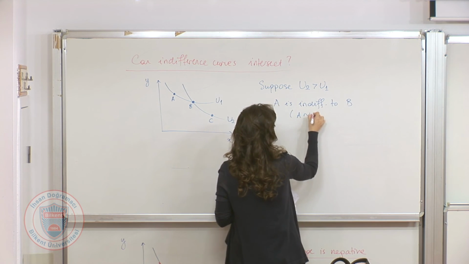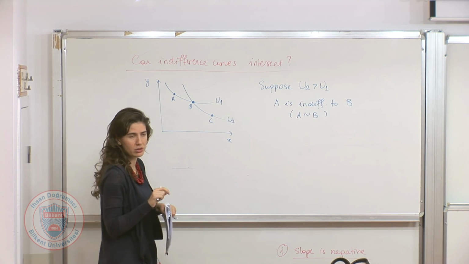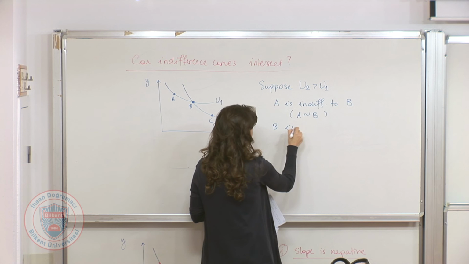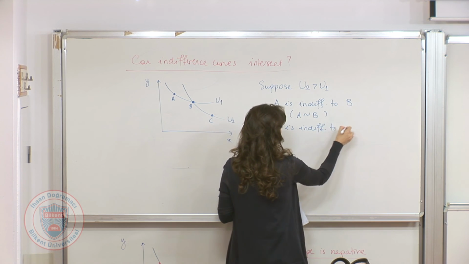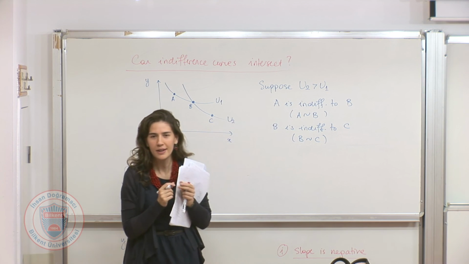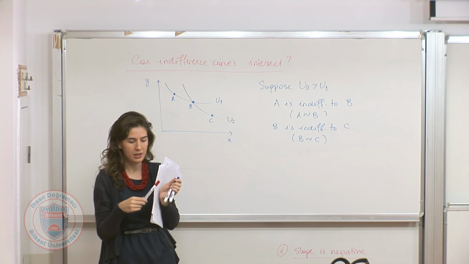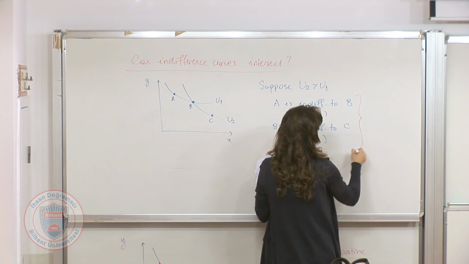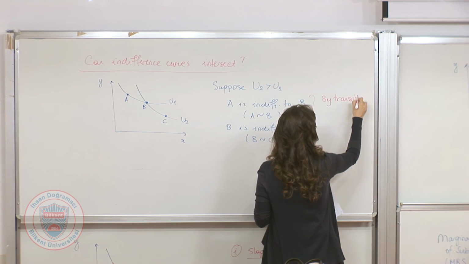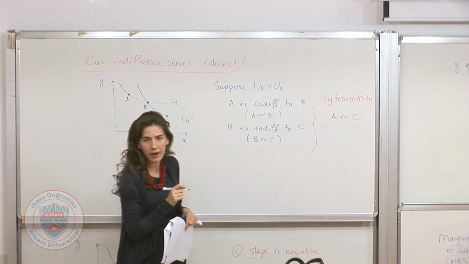And B and C are on the same indifference curve, which is U2, so B is indifferent to C. We have a property, right? If A is indifferent to B, and B is indifferent to C, then by transitivity, A should be indifferent to C, okay?